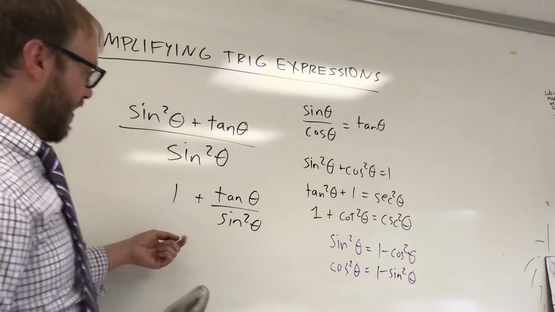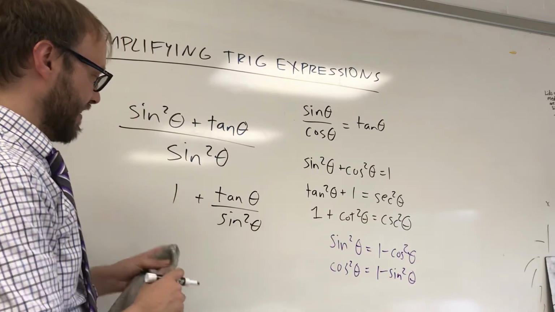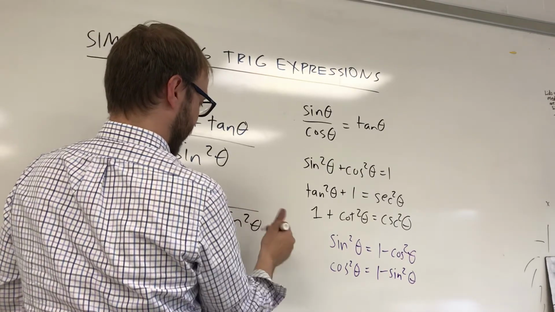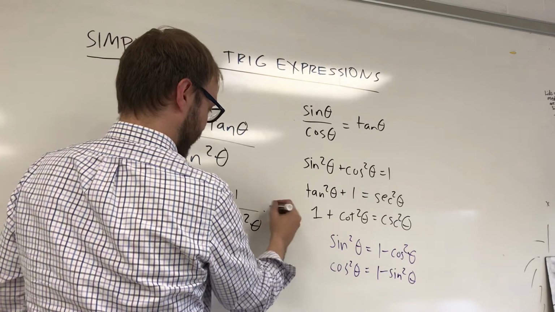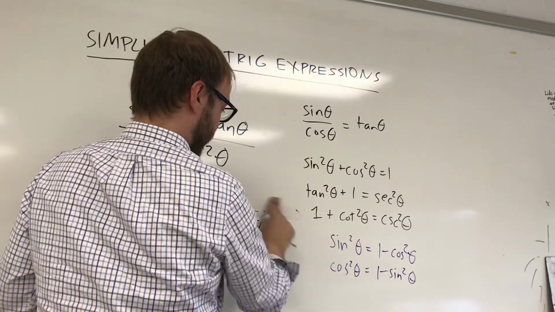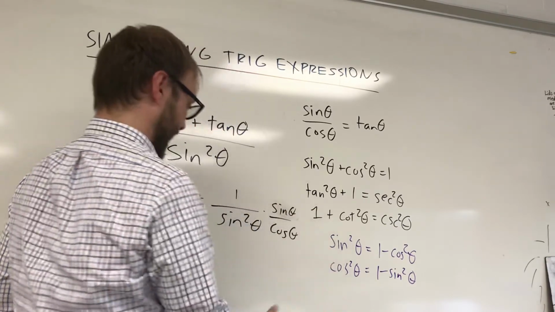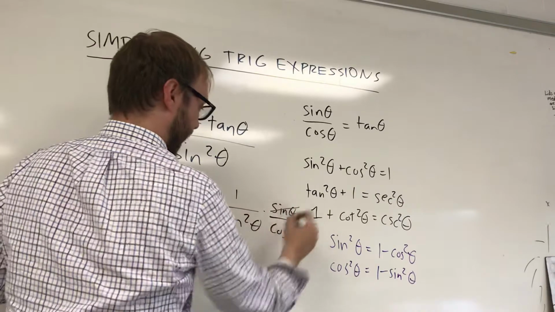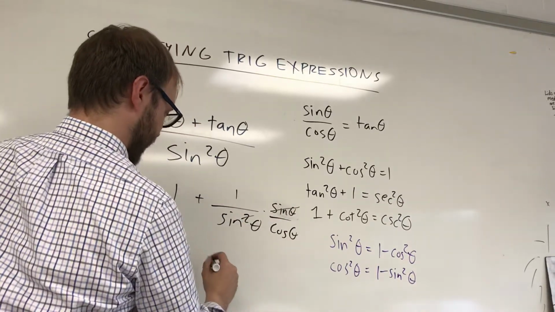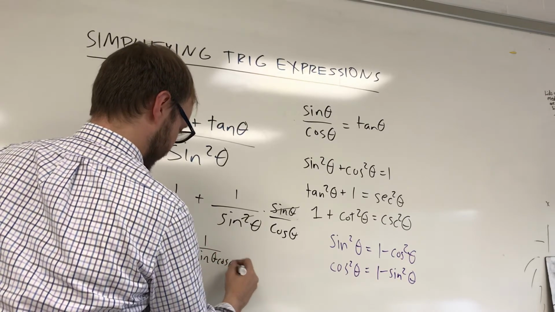And I don't know that this is necessarily going to simplify very much. Tangent's the same thing as a sine over a cosine. Oh, actually, it will simplify. Tangent is the same thing, so you might bring your tangent out here like this. Tangent's the same thing as sine over cosine. So you could do a sine over cosine in place of your tangent, and this is all being multiplied, so you can divide a sine out of the top and the bottom, and you get 1 plus, still not super simple, but you get 1 over sine of theta, cosine of theta, okay?